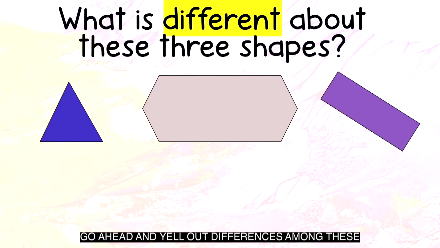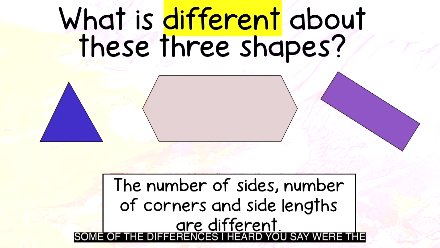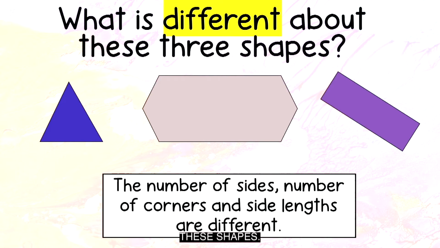Go ahead and yell out differences among these 3 shapes. Some of the differences I heard you say were the number of sides, number of corners, and side lengths. All of those things are different about these shapes.